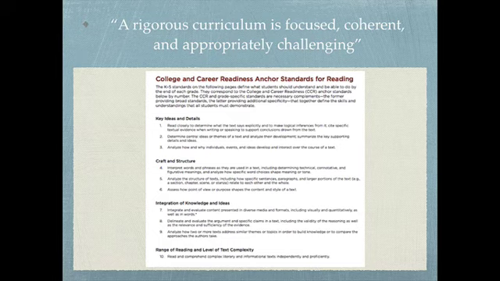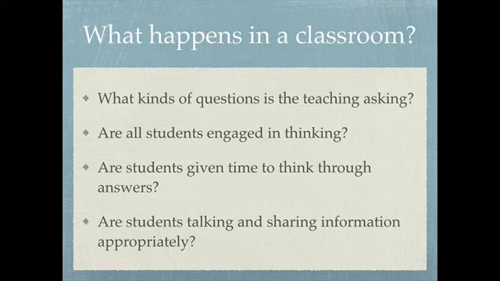It's the implementation, it's the decision making of the teacher that really is another part of ensuring that students have access to rigorous lessons. So what happens in a classroom is an extremely important way to determine if rigor is there.